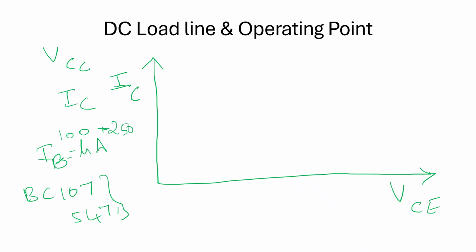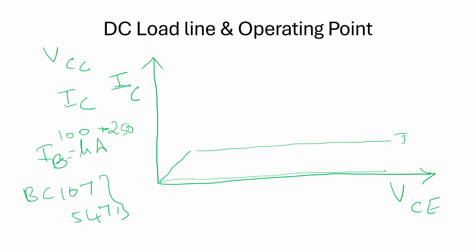And by assuming IB initially 0 microamperes of current, the value will be very less. After increasing the value of base current, a linear curve is initially formed, and the collector current remains constant with respect to various changes in VCE.